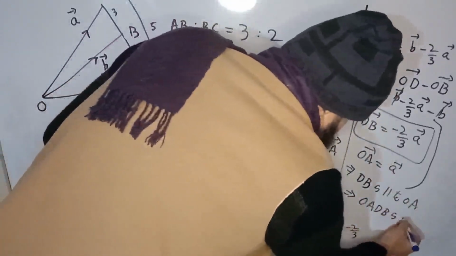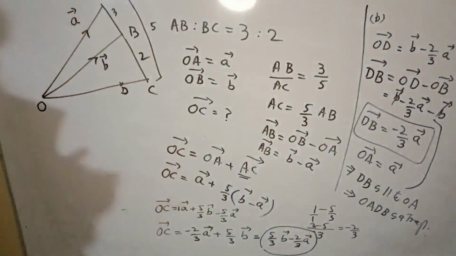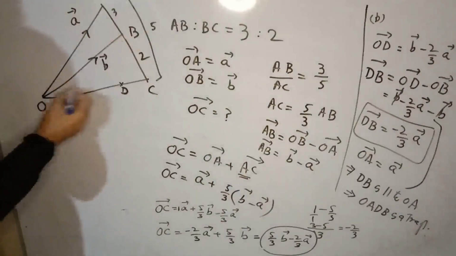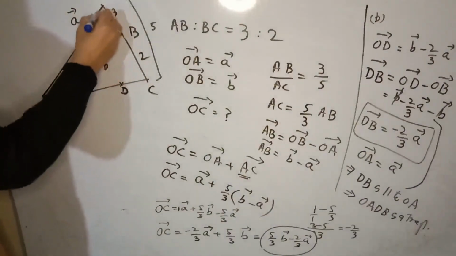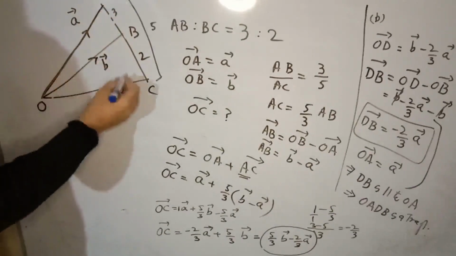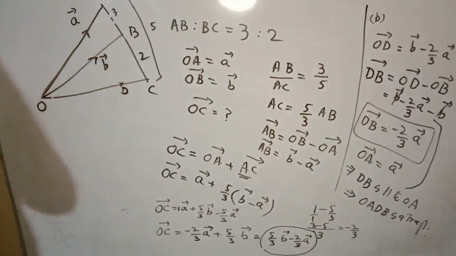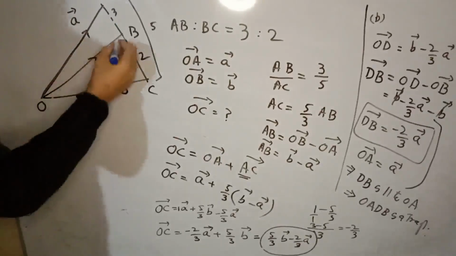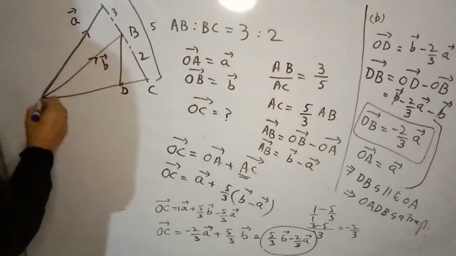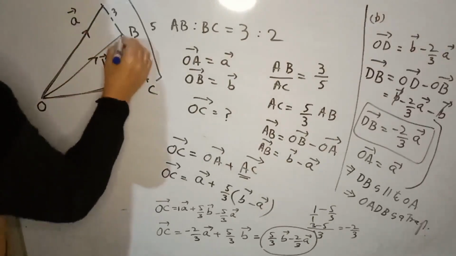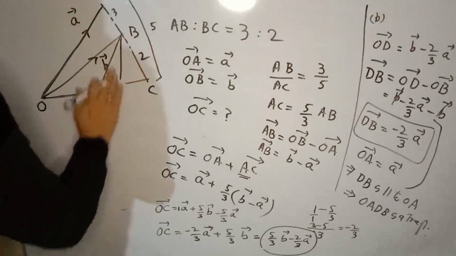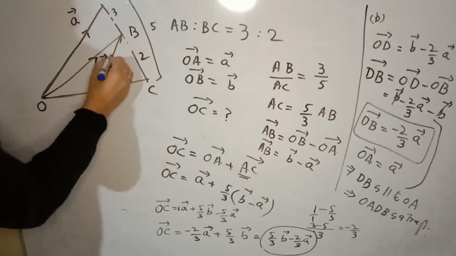Which implies that OABD is a trapezium because two sides are parallel, and the other two sides are not.